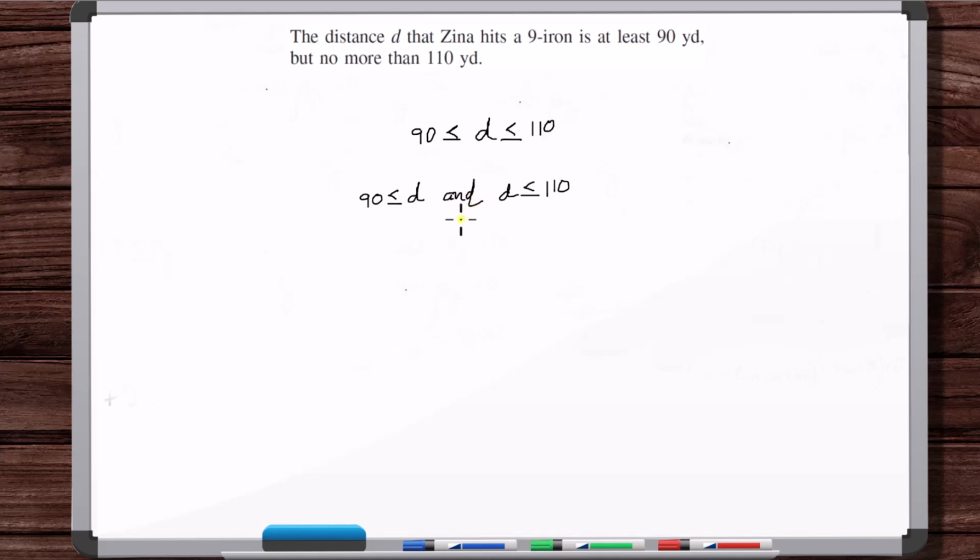That's the idea. The distance that Xena hits the 9-iron is greater than or equal to 90, and at the same time, not or, and less than or equal to 110. And you can put this into a 3-part because the D's are the same here, so you could just bring them together. If these D's weren't the same, then you have to write it as an and statement.